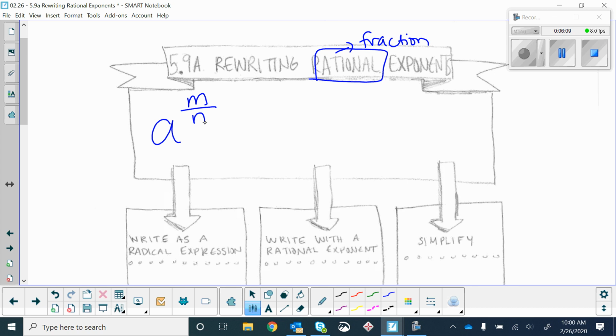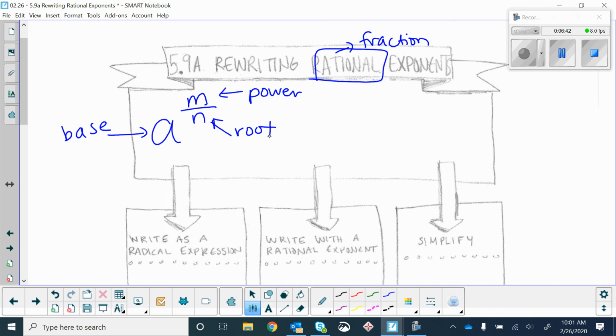Which of those things is the base? What we call the base? A. So A is the base. Which of those things is the power or the exponent? And so n, whatever's in the denominator, is the root. So if you were to say square root, that number in the bottom would be 2.